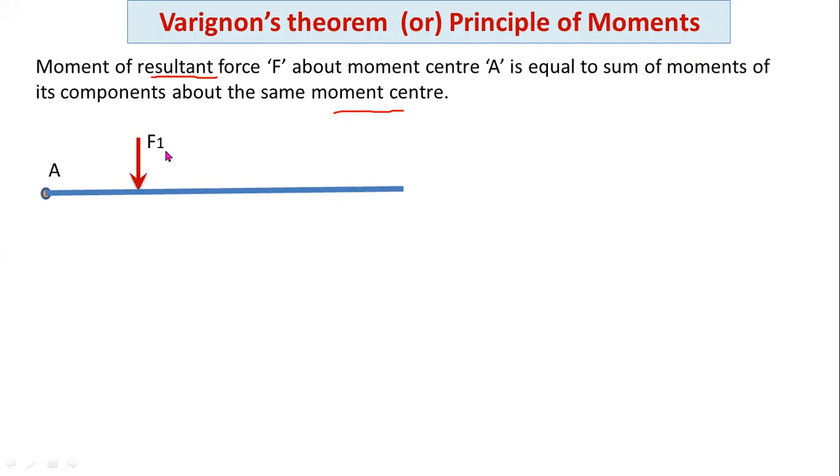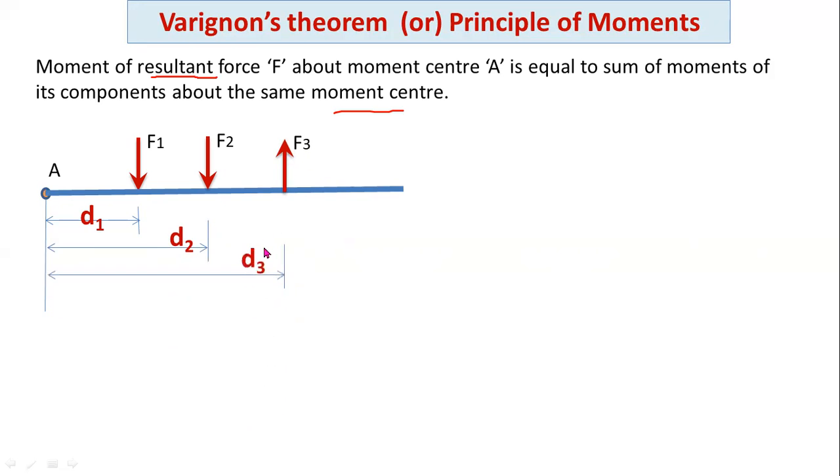Force F1 is acting at a distance D1 from the point A. Here I consider this point A as the moment center. Now force F2 is acting at a distance D2 from point A. In a similar way, force F3 is acting at a distance D3 from point A. Now R is the resultant of these three forces.